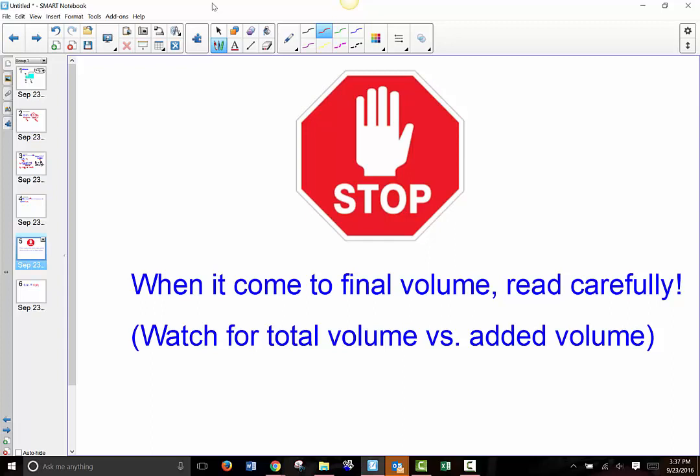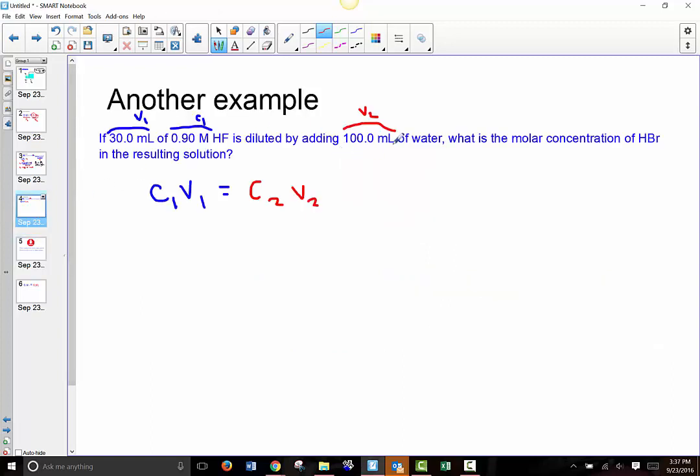It's a really big difference. If the total volume is 100 mils, then you're good to go. If it says that you added 100 mils, you need to take that into consideration. So here, it's 100 mils plus whatever you started with, so 30 mils. This is a common error I see from students, so read it carefully and think about what your final volume is.